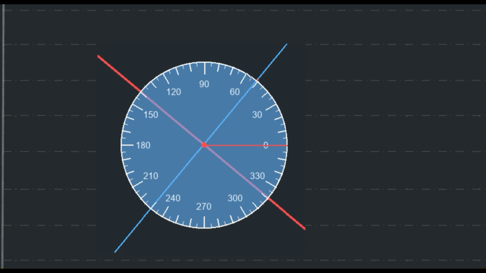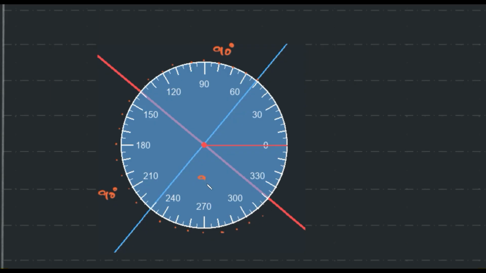If this is 0, 10, 20, 30, 40, 50, 60, 70, 80, 90 degree. So these two angles are equal. Let's see the next one. 10, 20, 30, 40, 50, 60, 70, 80.